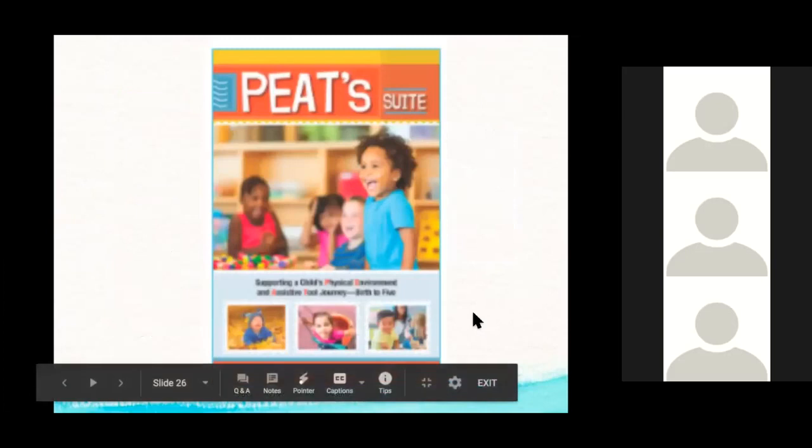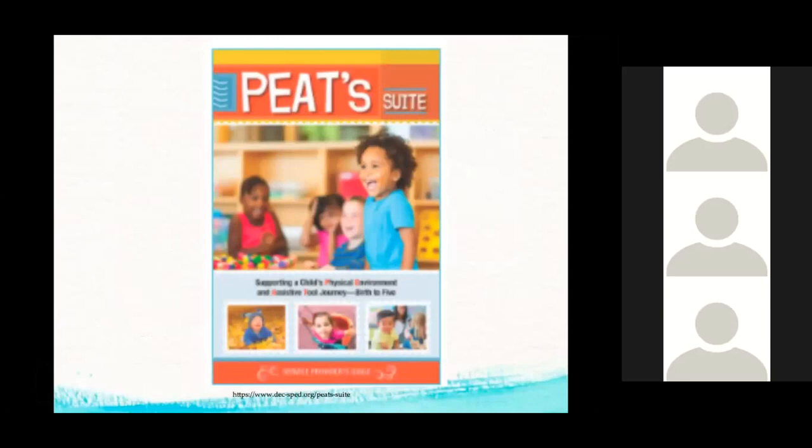Okay. One other tool that's out there, sorry, this is a very blurry picture, is PETE Suite. PETE Suite is another decision-making guide that really helps with making decisions for our children who are birth to 5. It prompts you to look at the activities in the environment and where children really need to have AT adaptations.